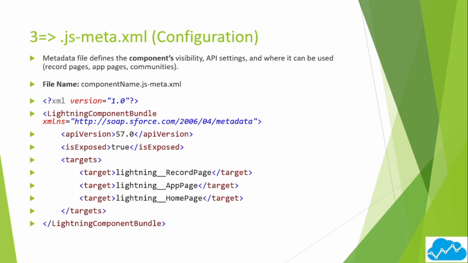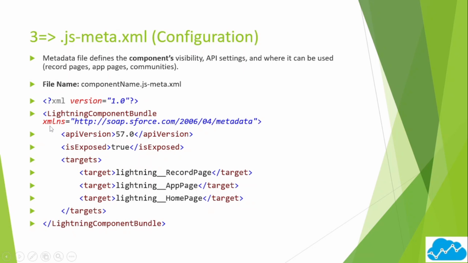Configuration file. The metadata file defines the component's visibility, API settings, and where it can be used, like record pages, app pages, or communities. The file name would be your component name.js-meta.xml. It starts with the xml version declaration, then the LightningComponentBundle tag, and finally the LightningComponentBundle tag is closed.